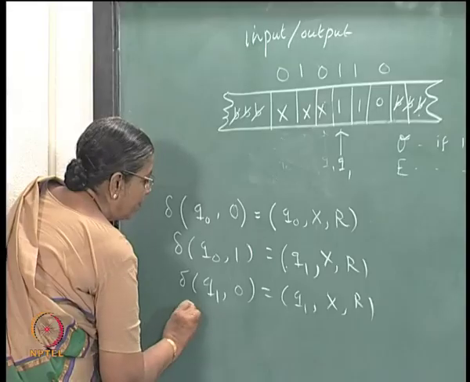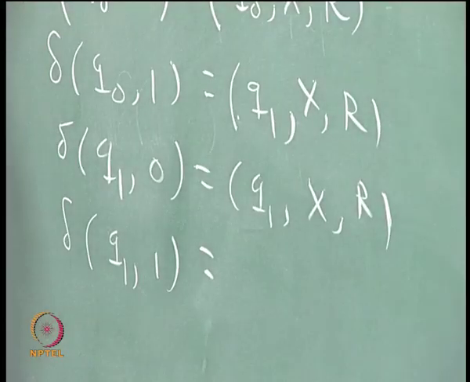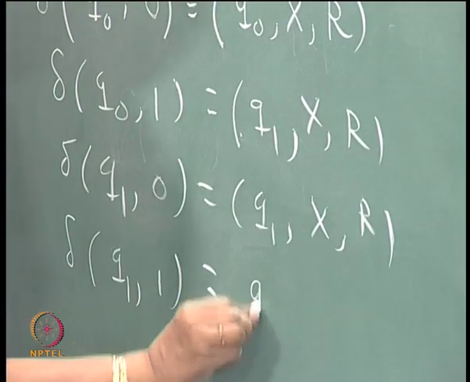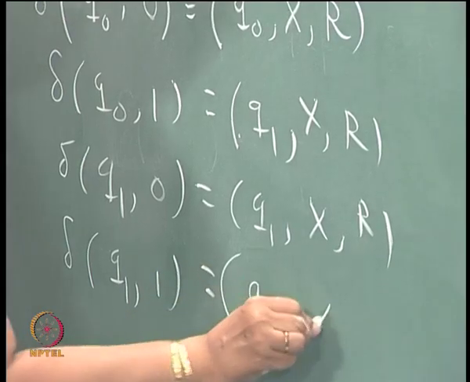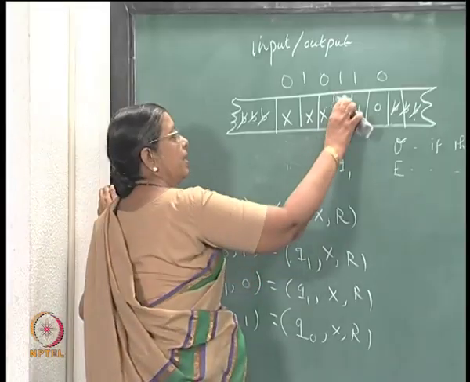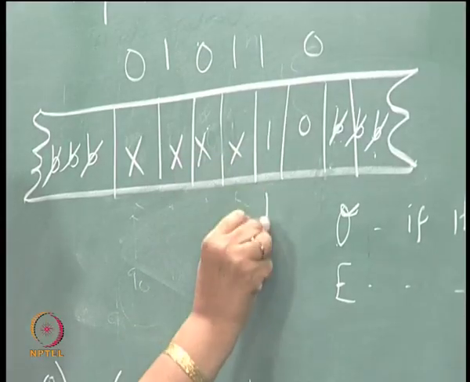When it sees a 1 in q1 state, it goes to q naught, changing the symbol by x and moving right.